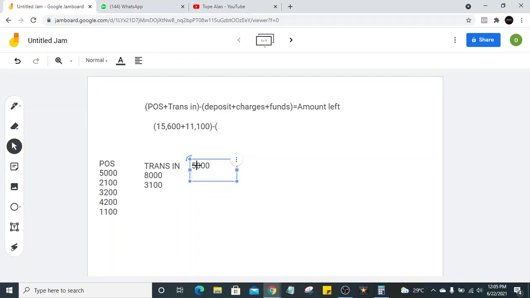Let's say another old grandma came and said, let me send this money to my son in Abakaliki. She said she wants to send 2,600. That's the amount you punch on the POS or on your app. So that means both of them pay you charges, so you won't add charges.